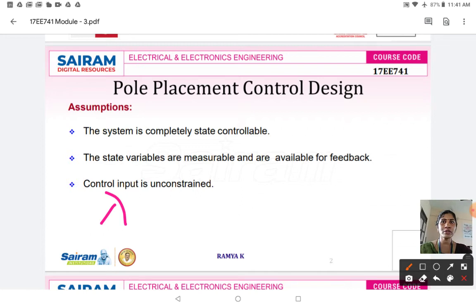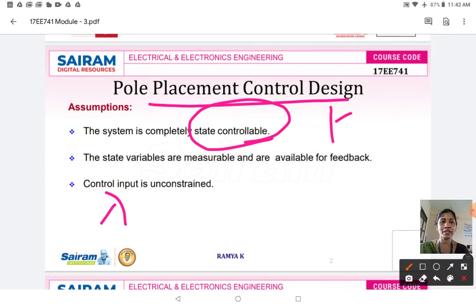That is responsible to locate the closed loop poles at the desired location, provided the original system is completely state controllable. Only if the system is completely state controllable is it possible for us to apply the pole placement technique properly. Then only is it possible for us to identify the state feedback gain K. So first we should identify whether the system is completely controllable or not by means of any one of the methods like Kalman's test or Gilbert's test.